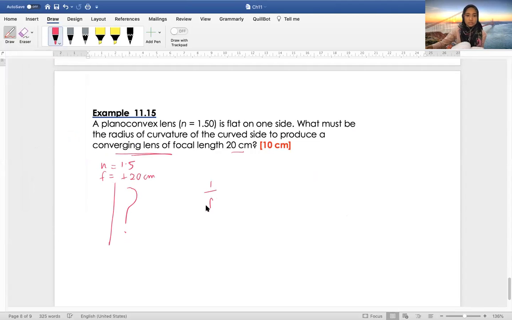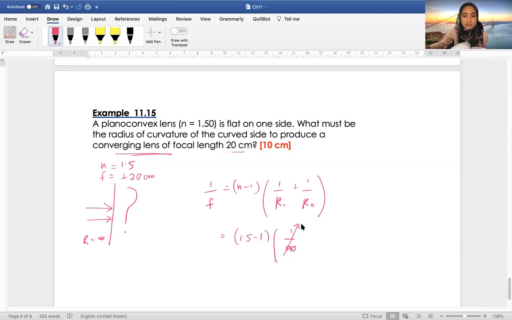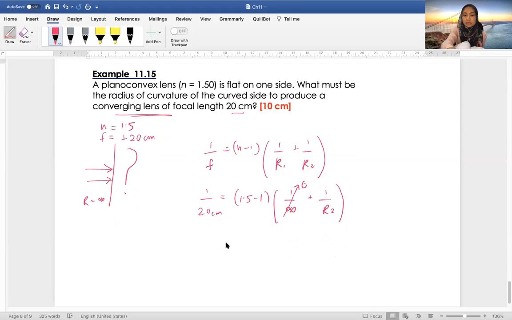So our lens maker equation, 1 over F, n minus 1, 1 over R1 plus 1 over R2. And I told you before, for a flat surface, our R is infinity. So that means we have 1.5 minus 1, 1 over infinity, which cancels out to 0, plus 1 over R2, that is unknown. And our focal length is 20 centimeter. So use your calculator, you will find out that your R2 is 10 centimeter.